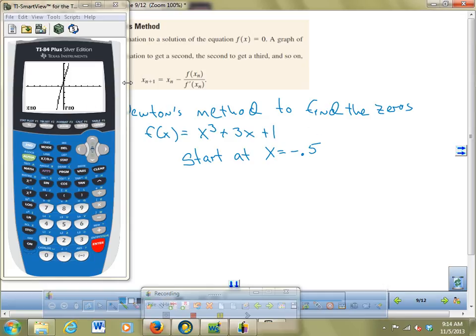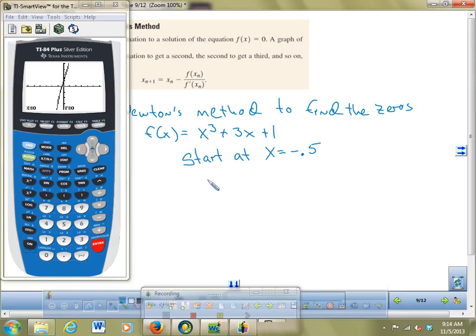In the book they say choose -0.3, but as long as I do enough iterations, I'm finally going to get to the 0 of that function, okay? So let's guess that the 0 is at -0.5.